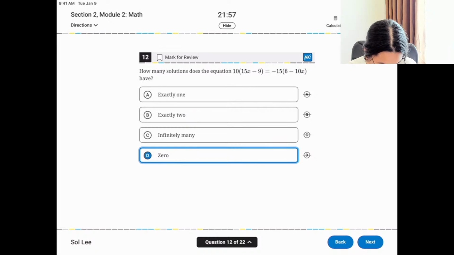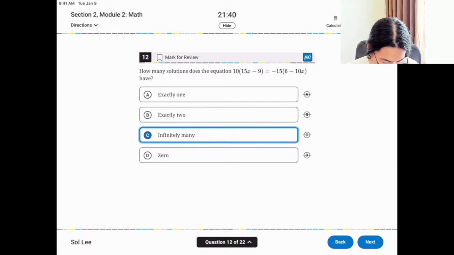Negative 90 on the left side, and 15 times 2 is 30, 30 times 3 is 90. Minus 90 on the left side, minus 90 on the right side, so it's infinitely many.